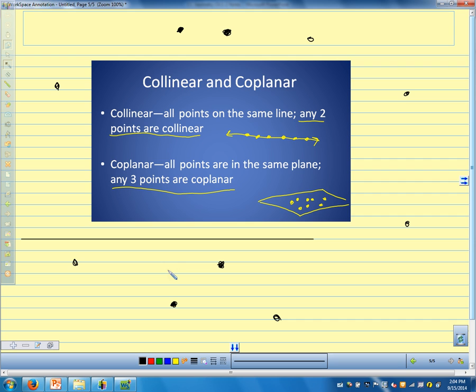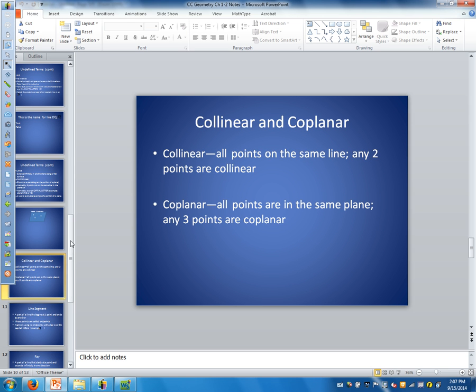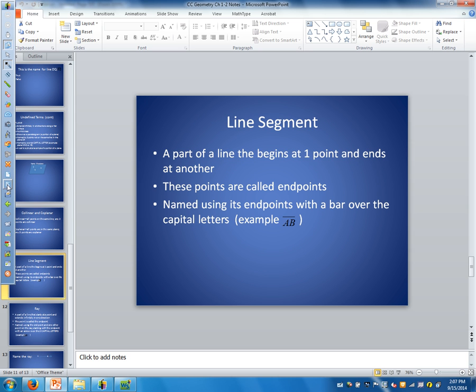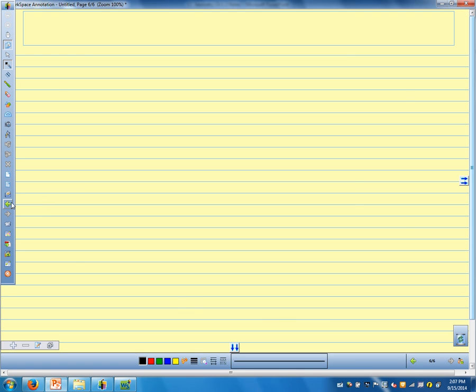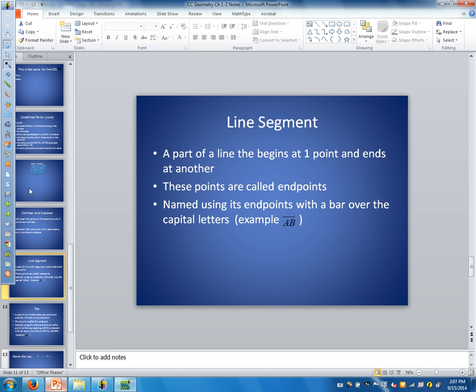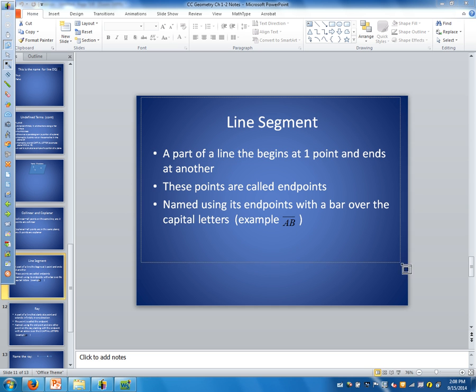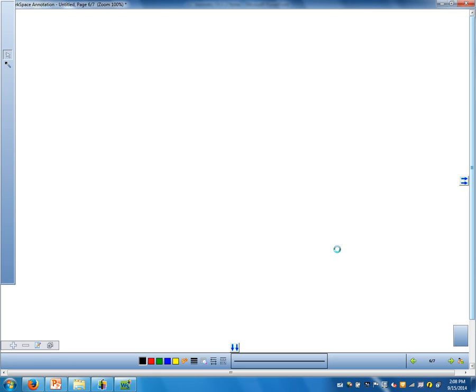All right, we have one more term to put on our sheet for today, and then we should have two blank squares that we'll fill in on block day, I think. So the last term that we're going to talk about today is a line segment.